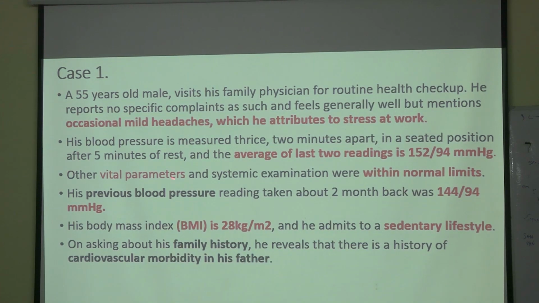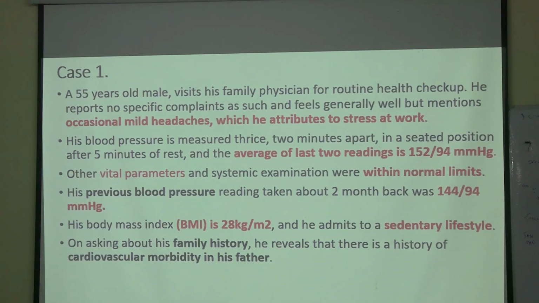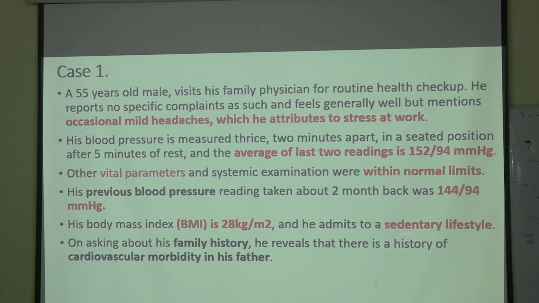His vital parameters and systemic examinations are normal. The blood pressure recorded 2 months back is also high. His BMI value is not normal, and he leads a sedentary lifestyle.